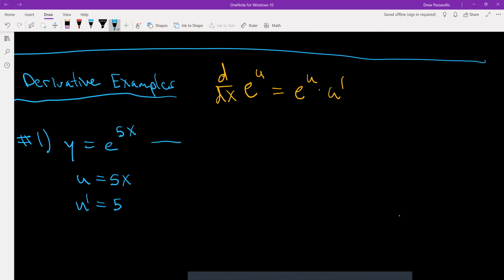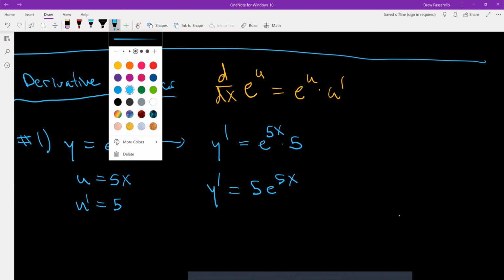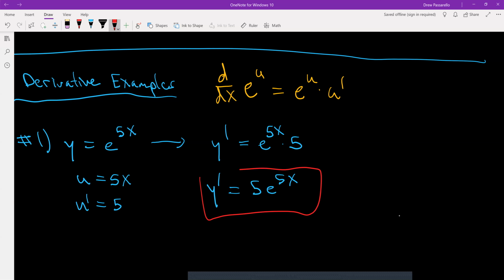So y prime is equal to e to the 5x times u prime. Well, u prime is 5, so it'll be times 5. So the derivative is 5e to the 5x. All right, so that's it for that one.